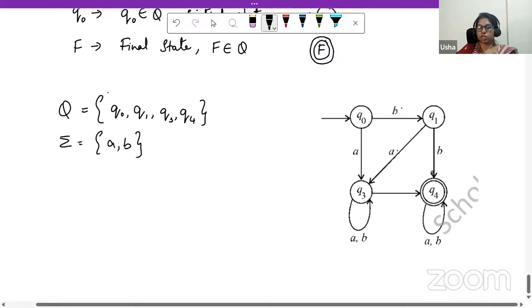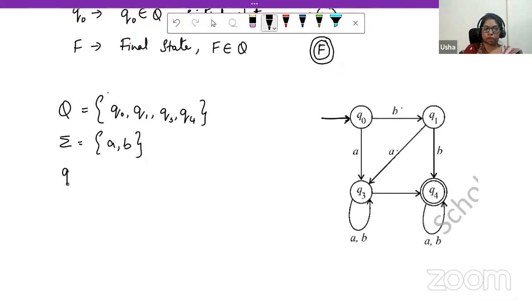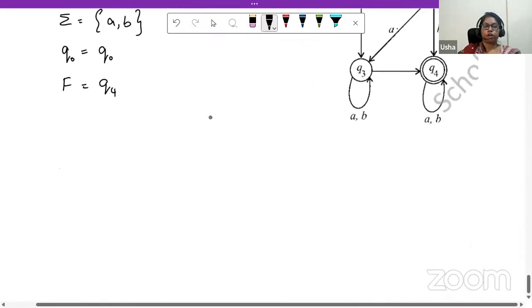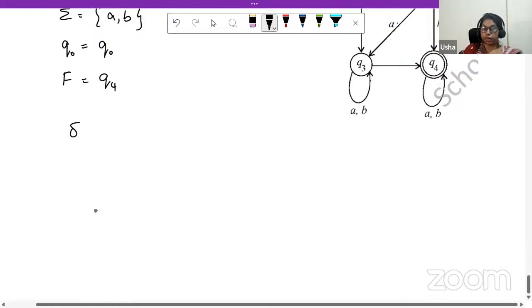Can you tell me which is the initial state here? Since we have an arrow mark, this is the initial state. Q naught belonging to Q is the initial state. And then what is the final state? Q4 has this double circle, right? So that is the final state. Now we are supposed to write this transition function. To write the transition function, we will write a table.